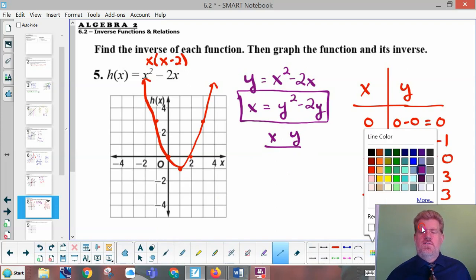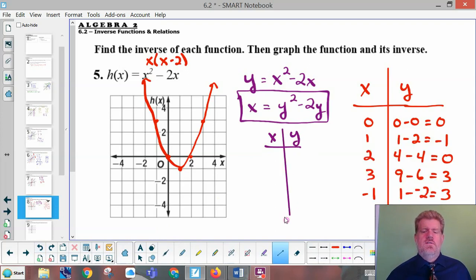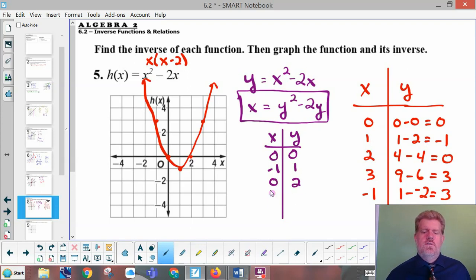This makes it easier for me. Okay. So x is 0, y is 0. I'm going to switch them. 1, negative 1. I'm going to switch them. 2, 0. I'm going to switch them. 3, 3. Well, that's easy to switch. Even if I got it wrong, it'd still be right. Negative 1, 3.